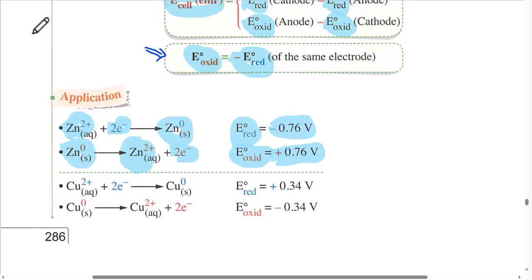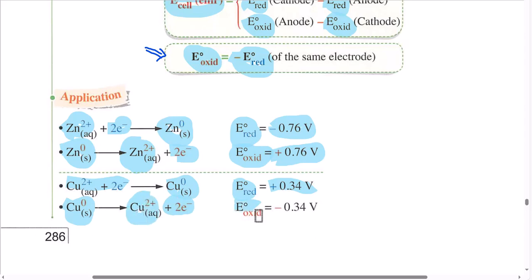Here, copper positive 2 is reduced with 2 electrons to give solid copper 0, and this is its reduction potential, positive 0.34 volt. In the second equation, solid copper 0 is oxidized, leaves 2 electrons, and is oxidized into copper positive 2 and dissolved in the solution.